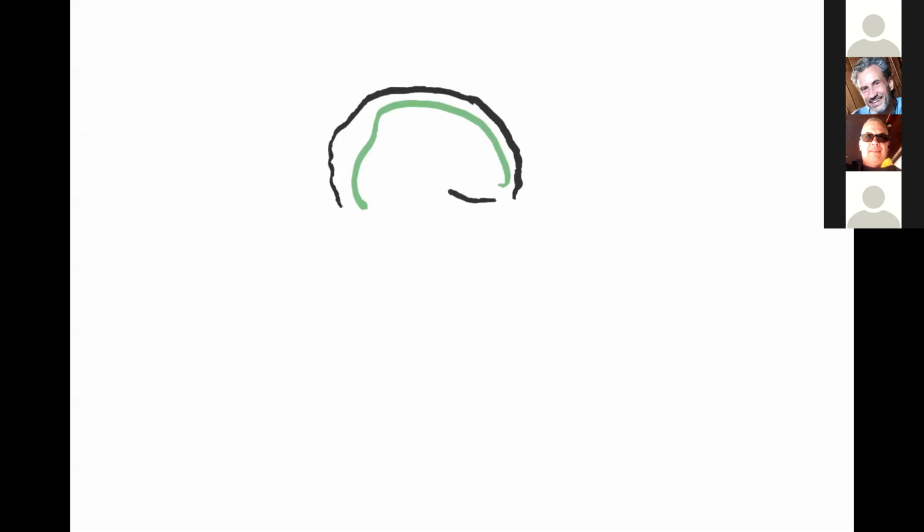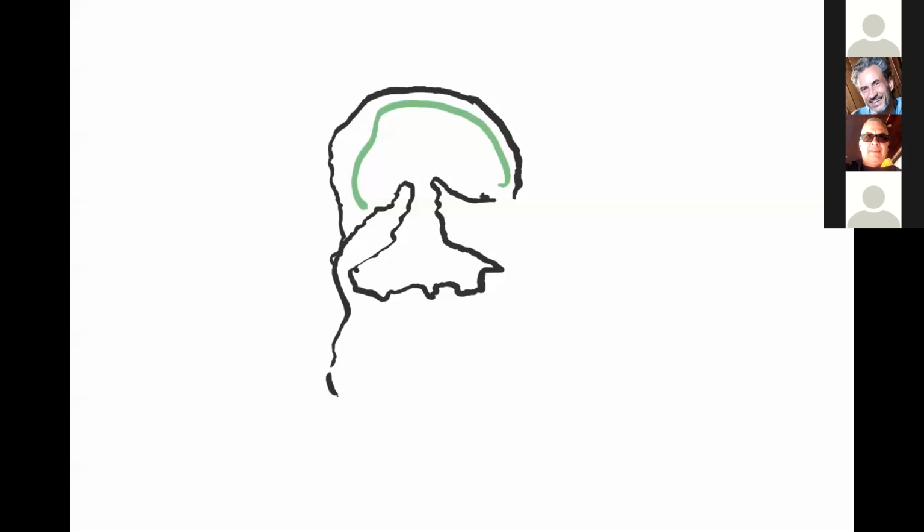The skin comes, goes in a hole, becomes like this, and then it goes, and interestingly enough, in its structure it goes like this.